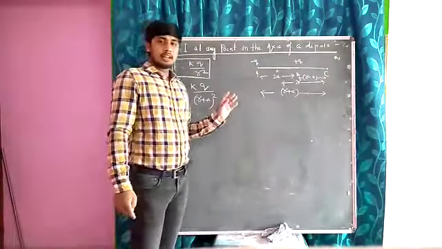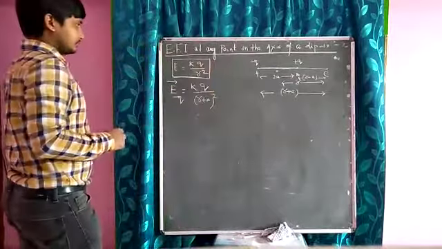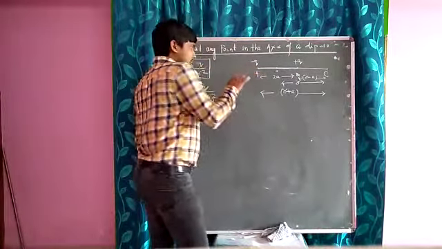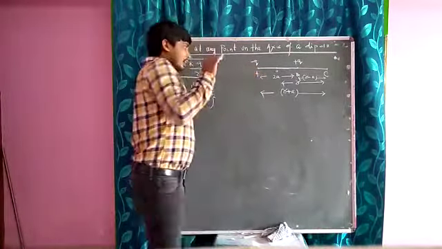So now I can say that the electric field intensity due to minus q will be equal to kq by r plus a whole square. And what about its direction? Now just see, we know that the direction of the electric field is always from positive charge towards the negative charge. That means the electric field due to minus q will be directed towards the negative charge.